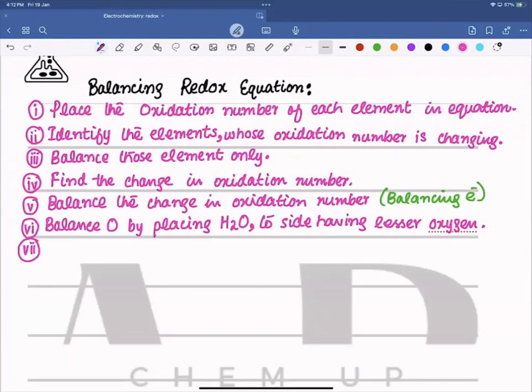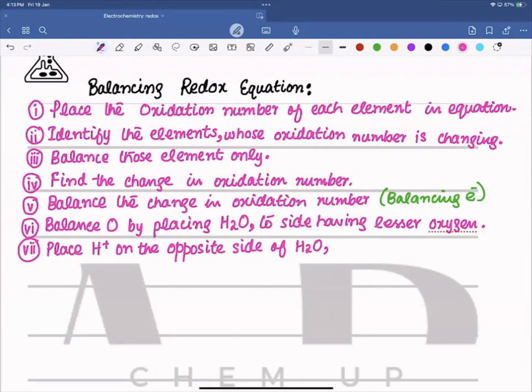Then seventh, place H positive on the opposite side of H2O.